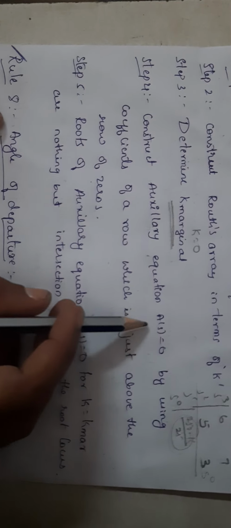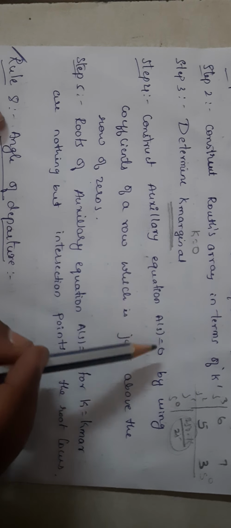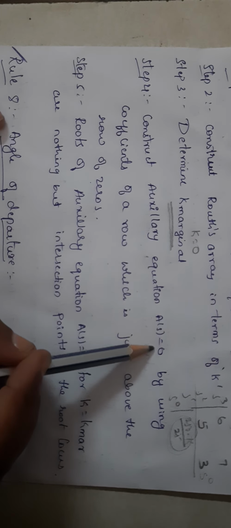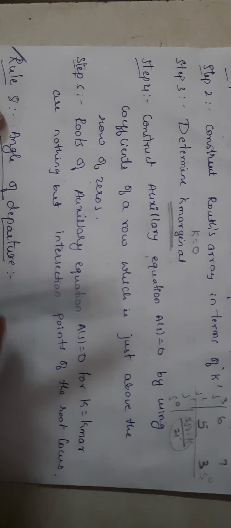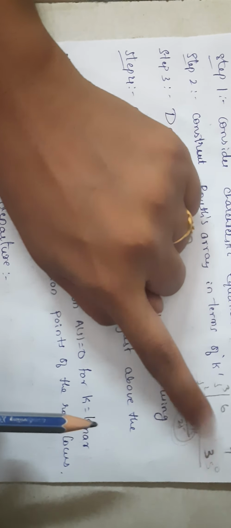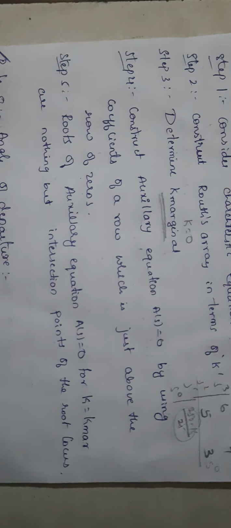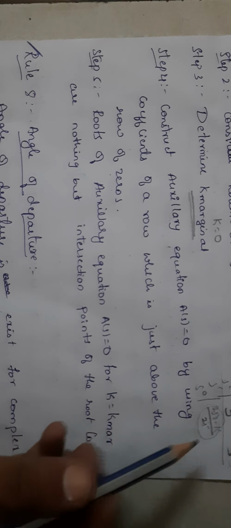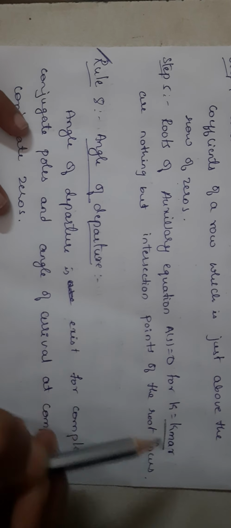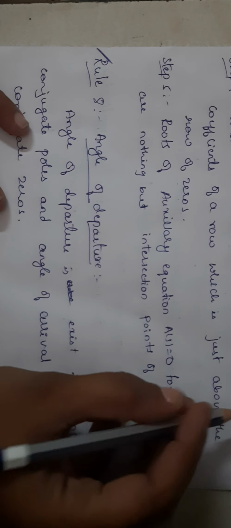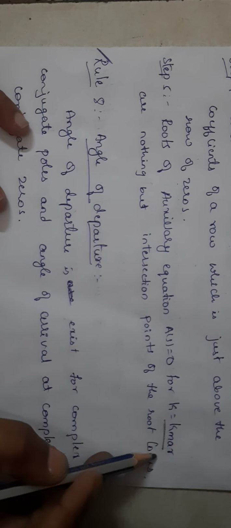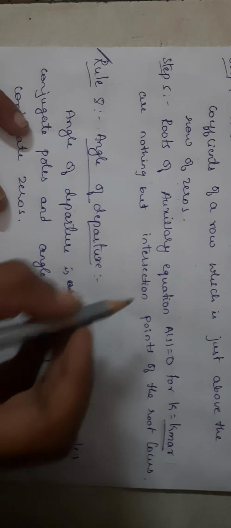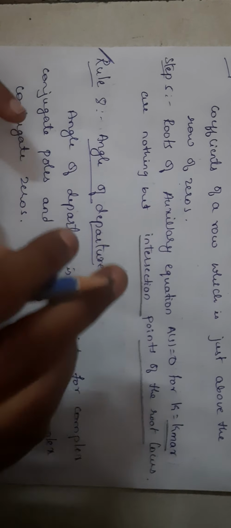We have to construct the auxiliary equation A(s) equal to 0 by using the coefficients of the row which is just above the row of zeros. The roots of the auxiliary equation for k equal to k marginal will give the intersection points of the root locus.